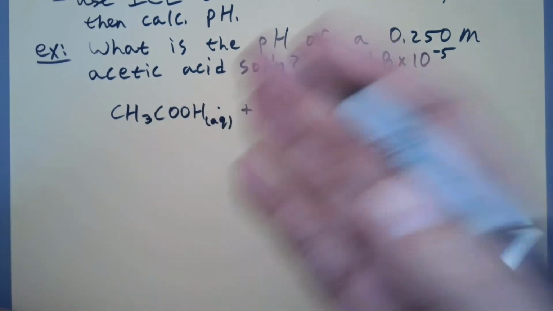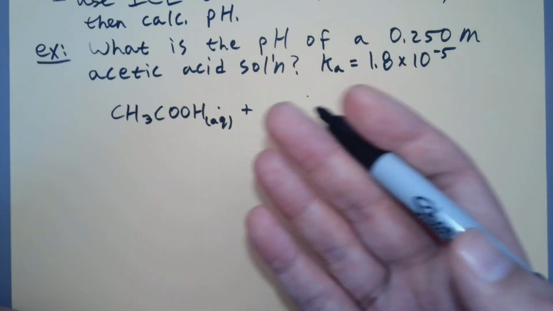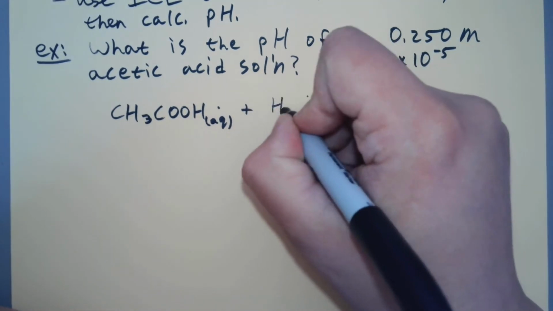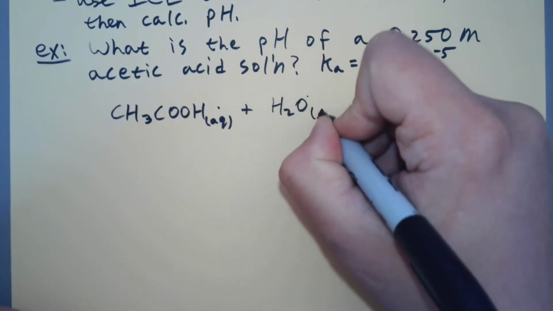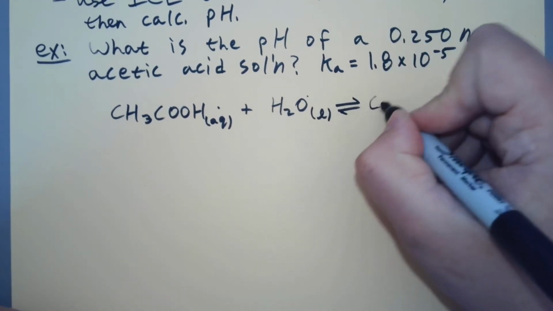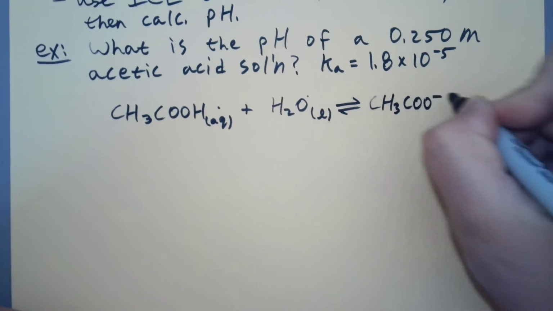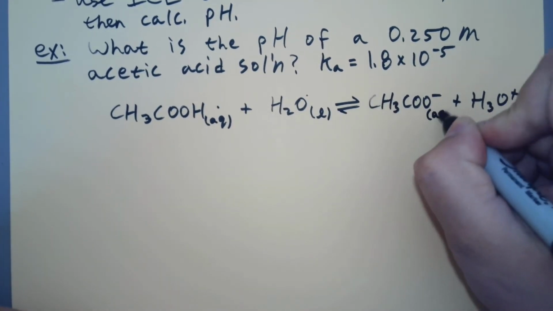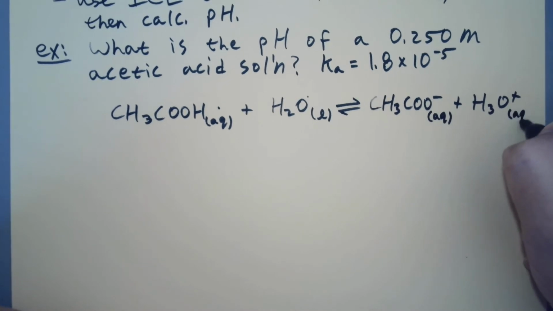Why bother, right? We can do so much with one weak acid. So here we go. Plus H2O, you get an equilibrium. We get acetate and hydronium, both of which are aqueous.